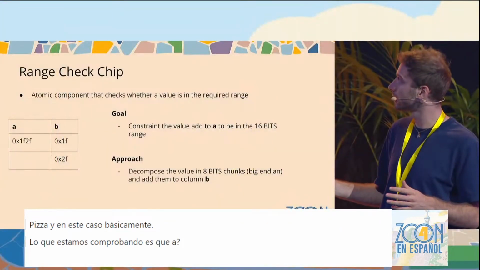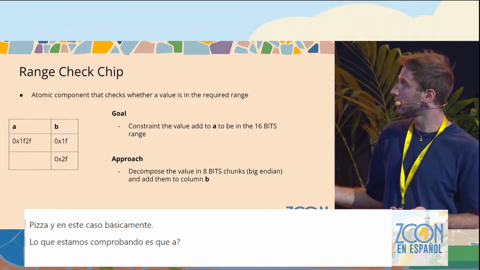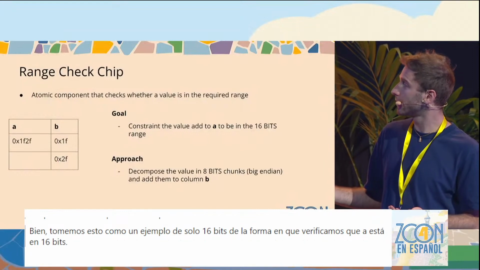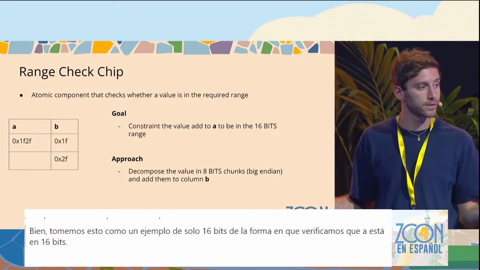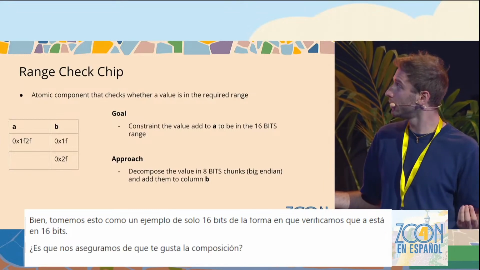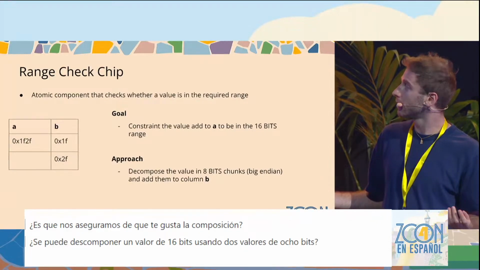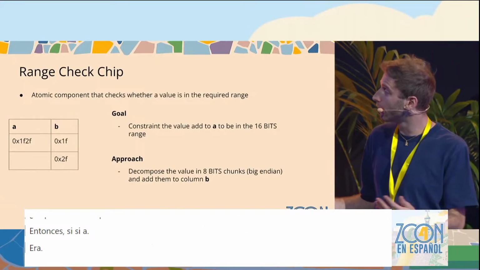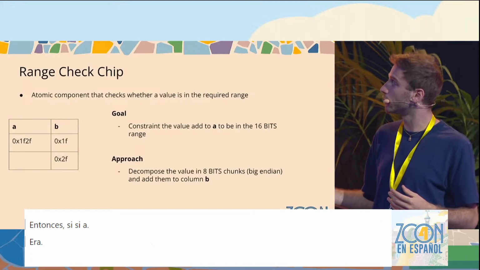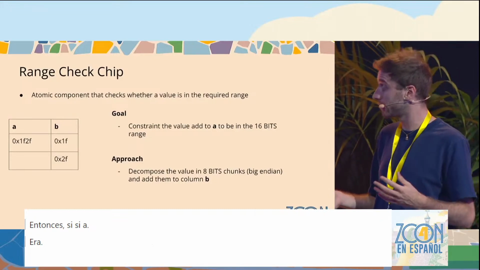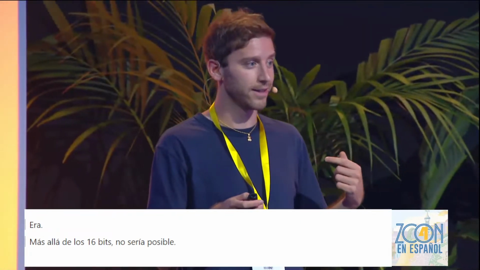The way we check that A is in 16 bits is that we make sure that its decomposition works: you can decompose a 16 bits value using two 8 bits values. So if A was beyond 16 bits, we wouldn't be able to decompose it. I understand your question, maybe A is already an overflown value.